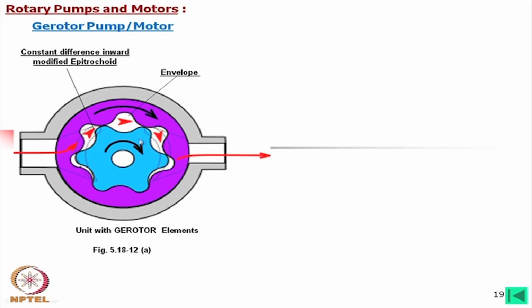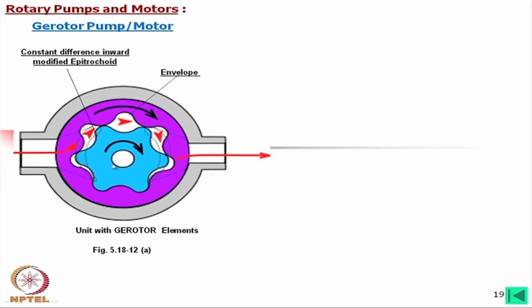Here, if you look at the inner member, it is usually called the star, and the outer member is called the ring. Now, the fixed axis version: both the gears are rotating, and you can see that this side is expanding and this side is compressing.